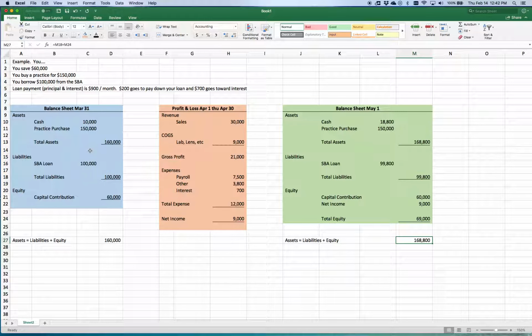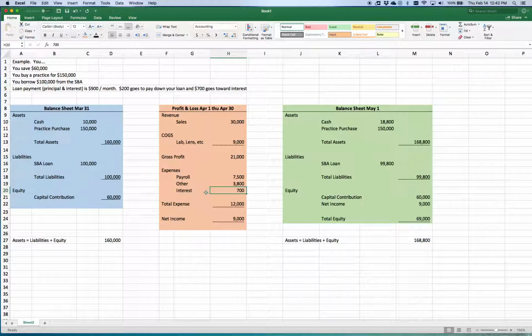You can see the change from March 31st to May 1st in the balance sheet. And hopefully you now understand that when you make a payment to the bank, a portion of that payment goes to pay down the loan on the balance sheet by whatever that amount is according to your amortization schedule. The other portion goes toward paying the interest to the bank.